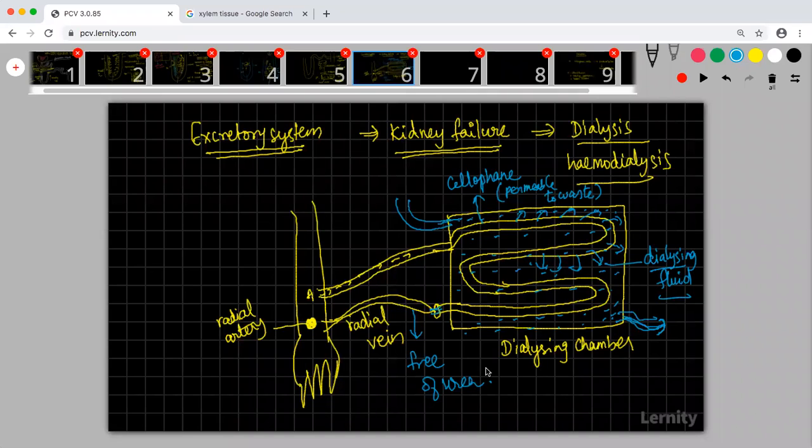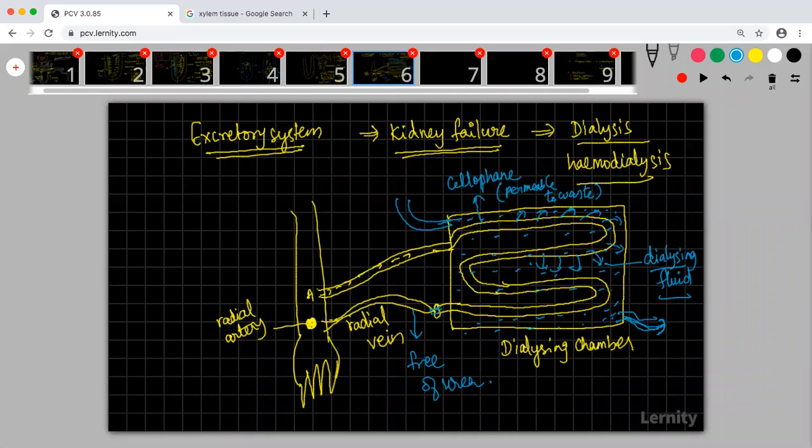If it is a temporary problem, it can be cured. Okay, someone is asking me, can the kidney be brought back to its normal stage if you use that? Please understand that there are different kinds of defects in the kidney. Sometimes it can be caused by a bacterial infection for a temporary period. If the kidney's function is lost because it has become old, ruptured, or failed, in that case you cannot do anything at all.